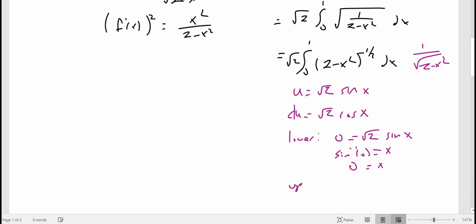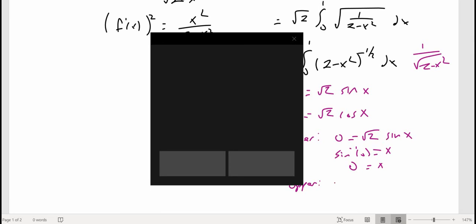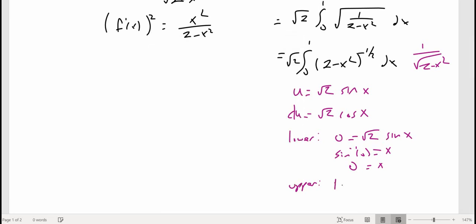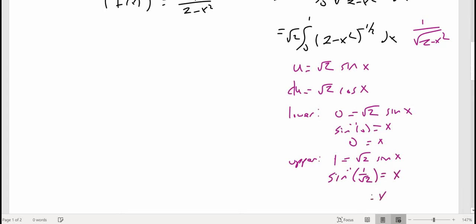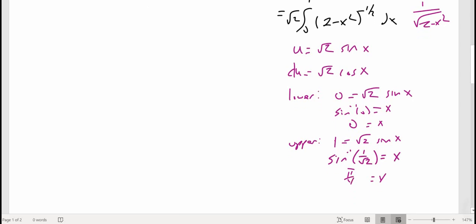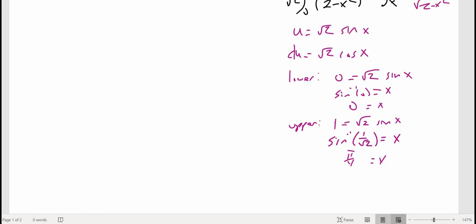And for the upper bound, 1 equals square root of 2 sine of u. So sine inverse of 1 over square root of 2 is going to have to equal u. So that happens when u is equal to pi over 4. So we're going to have our interval from 0 to pi over 4.